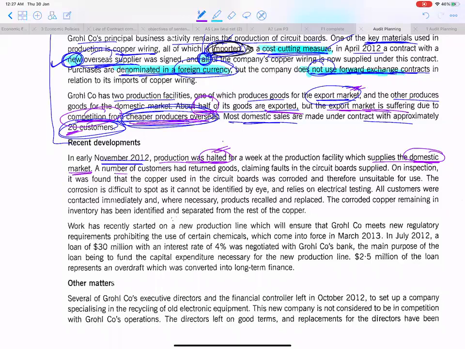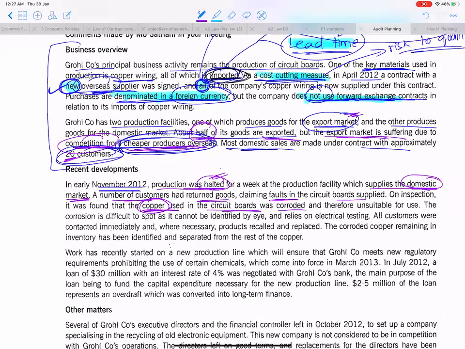A number of customers had returned goods, claiming faults in the circuit board supplied. On inspection, it was found that copper used in the circuit board was corroded. If you remember, we have changed the copper wiring supplier as a cost-cutting measure.